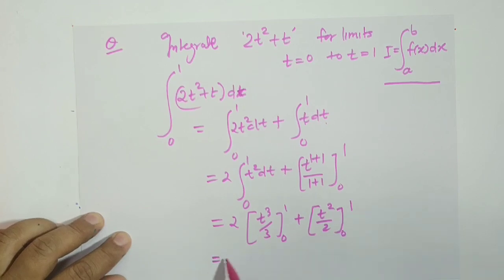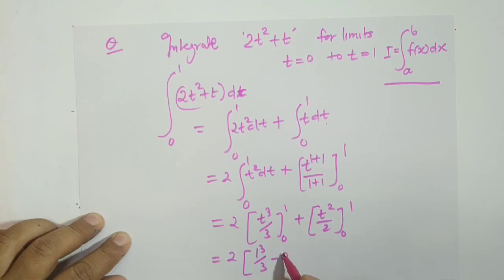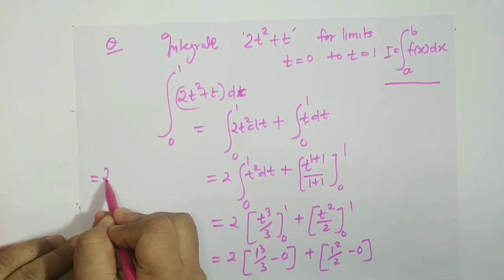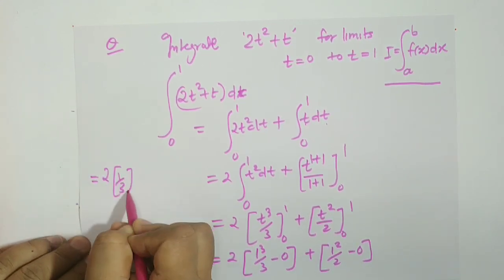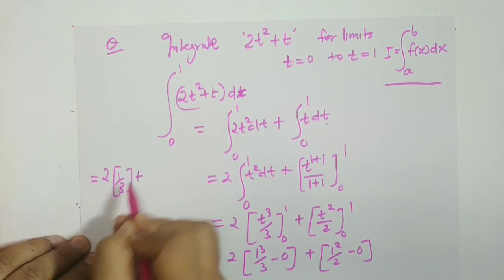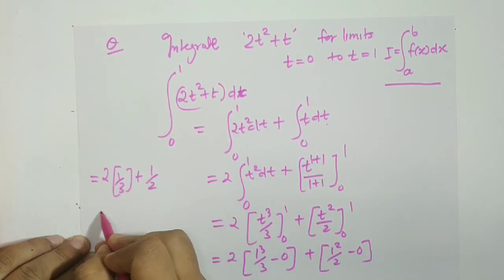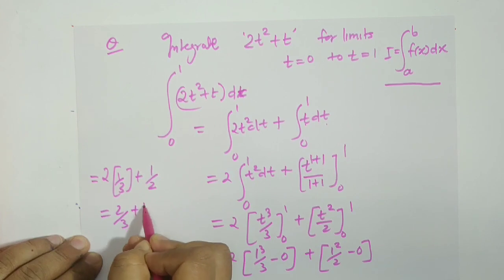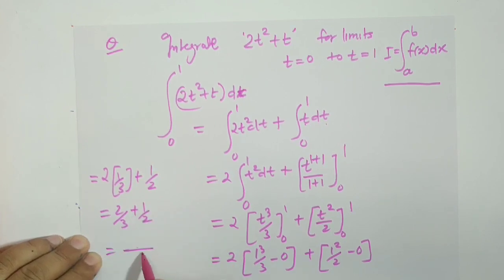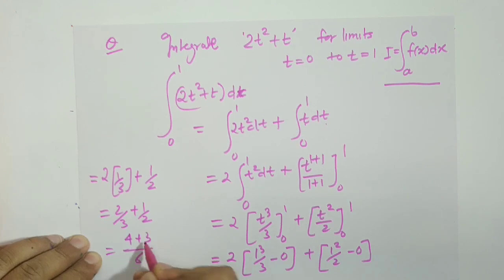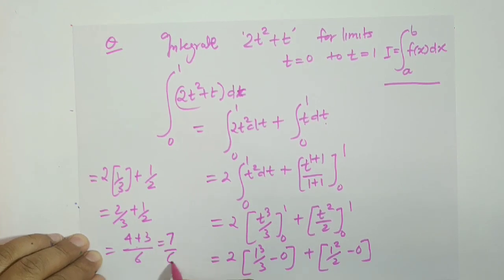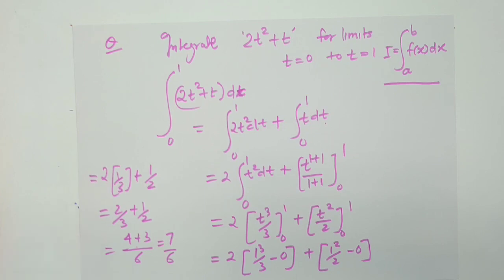So upper limit minus lower limit: 1 cube by 3, lower is 0, and 1 square by 2, lower is 0. So what you get is 2 times 1 by 3 plus 1 by 2. So solve it: 2 by 3 plus 1 by 2, which is 4 plus 3, 7 by 6. This is how we are going to get it.